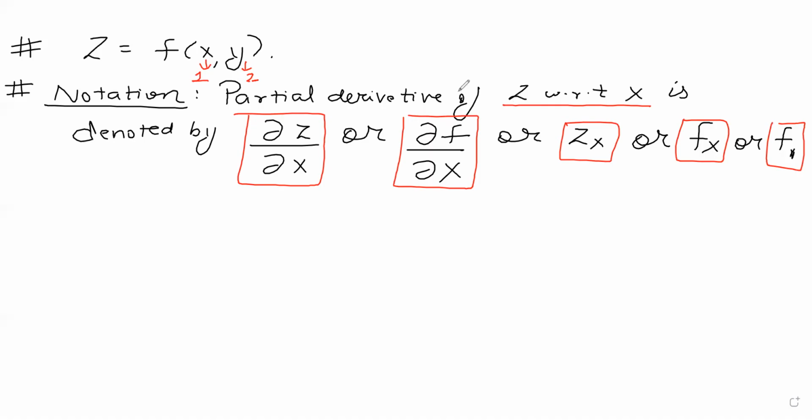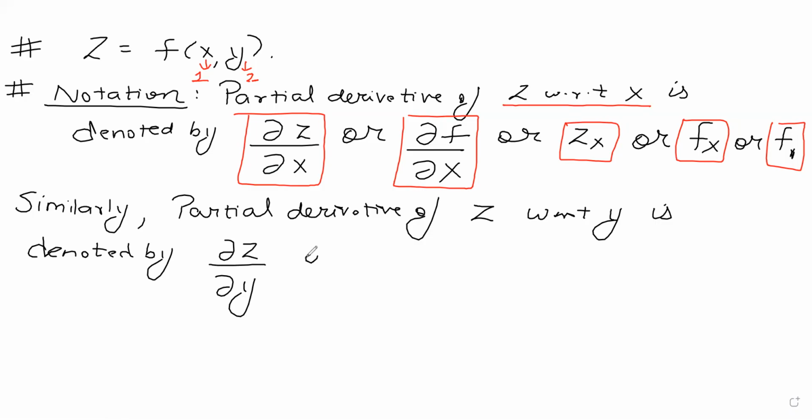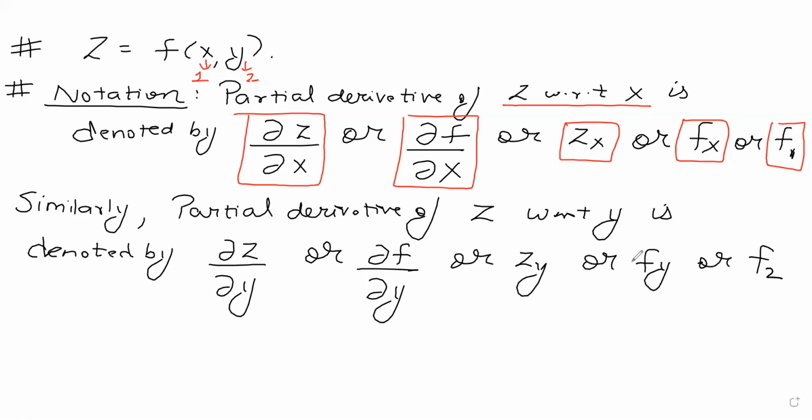Similarly, just for completeness, the partial derivative of z with respect to the variable y is denoted by del z by del y or del f by del y or zy or fy or f2.